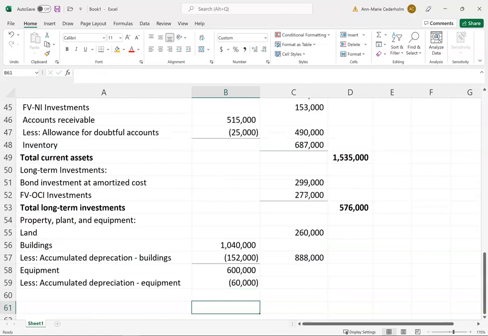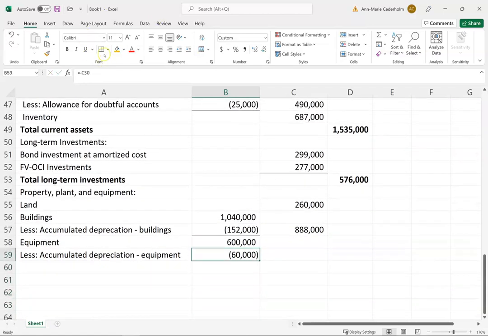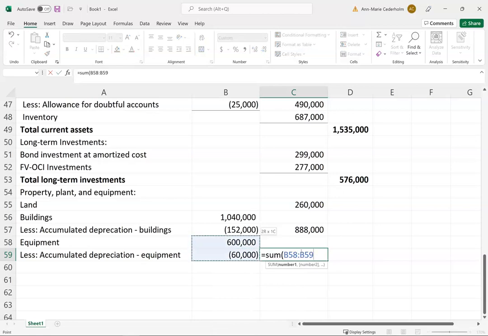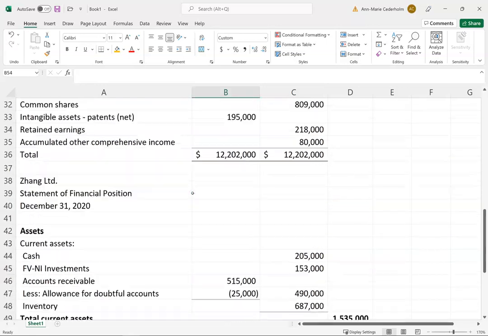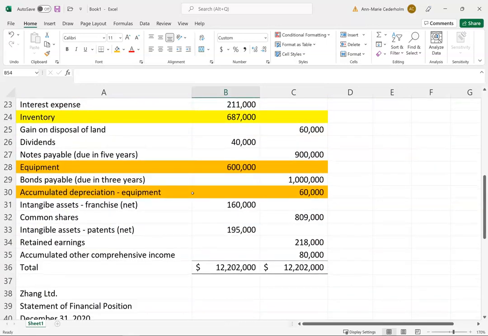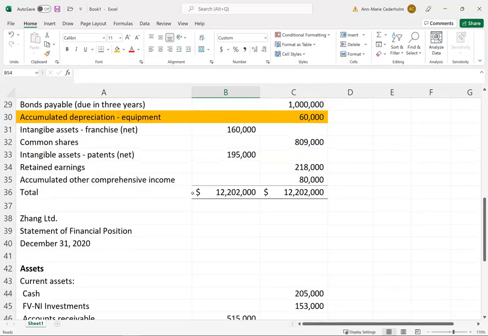For the 60,000, so I'll do the same thing. I want to record this net. So 600,000 minus the accumulated depreciation is 540,000. And I don't see any other property, plant, and equipment in this question.